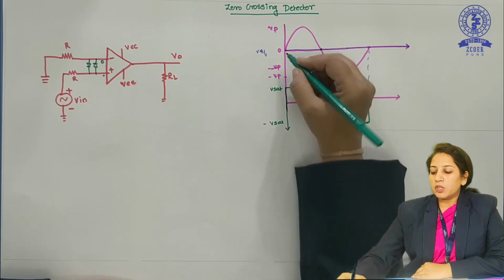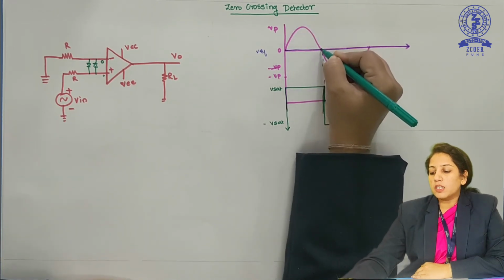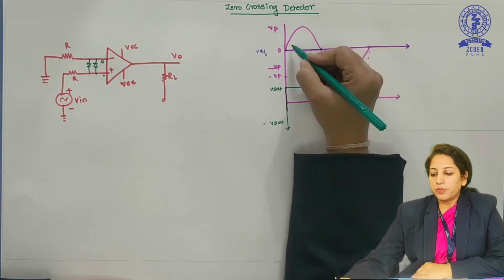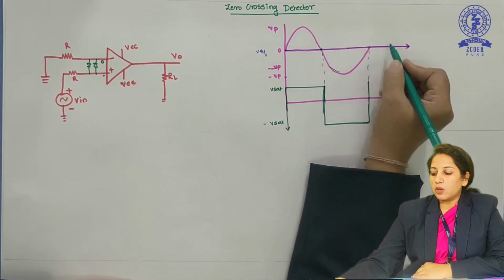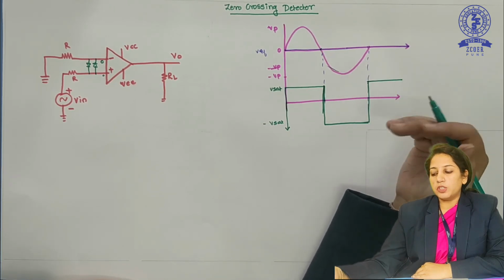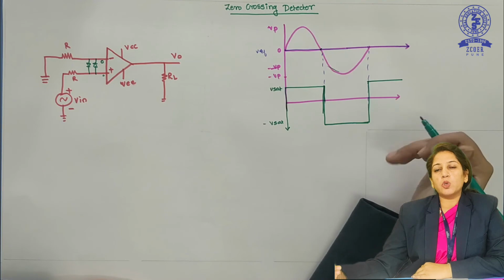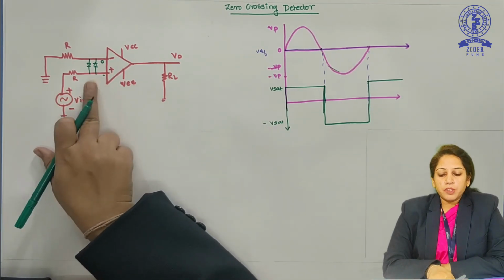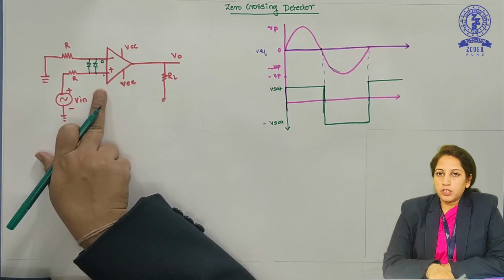It switches whenever my input wave crosses the zero line, so it is called a zero crossing detector. Whenever it crosses the zero line, the output transitions from plus V saturation to minus, or minus to plus. This is a non-inverting zero crossing detector.